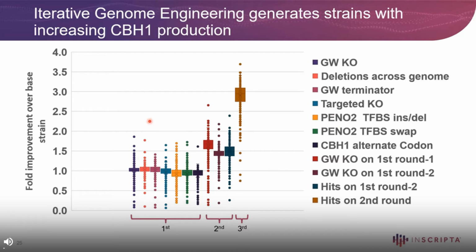We took actually 2 hits from this first round and carried them to the second round. And the first thing we did, as I mentioned, is we built a genome-wide knockout on top of them. And that's what's shown here. So those are these 2 things. And you can see that there's a slight difference in basically the base strain performance that we used, but we got nice improvement from these genome-wide knockouts stacked on top of that.